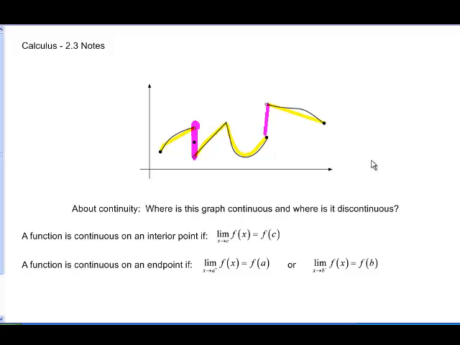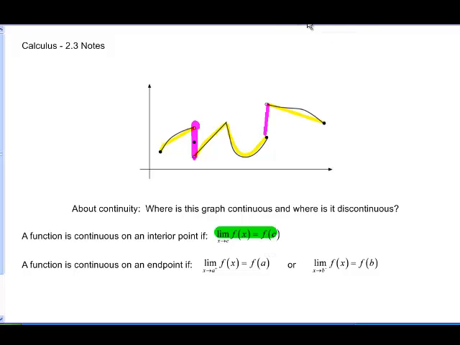And so what we do to determine continuity is we look at the limit as we approach some interior point. And if we're continuous, then we have a limit on the interior point, and at that limit we have a specific number that matches.